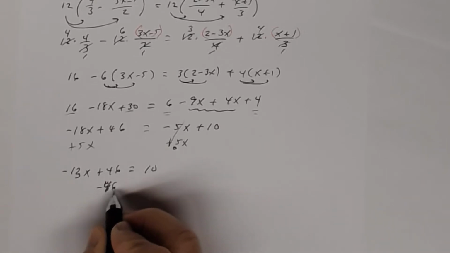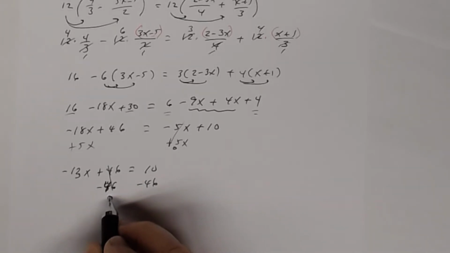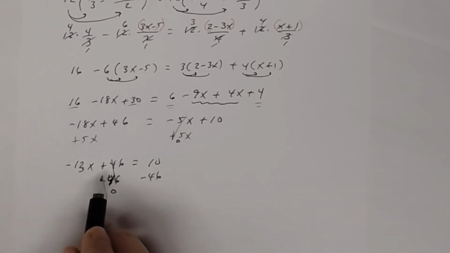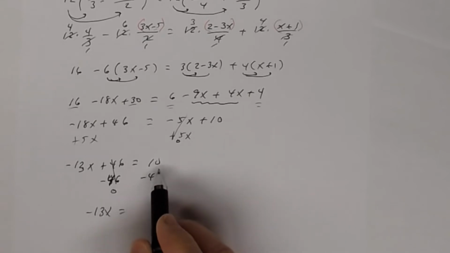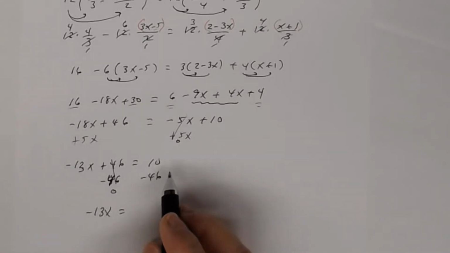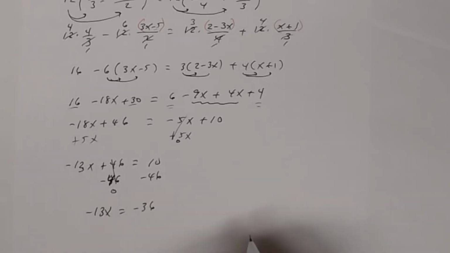So I'm going to subtract 46 from both sides. And when I do that, combining like terms, those are opposites. 46 and a negative 46 is 0. So I get negative 13x plus 0 is a negative 13x equal, and a positive 10 and a negative 46 is going to be a negative 36.